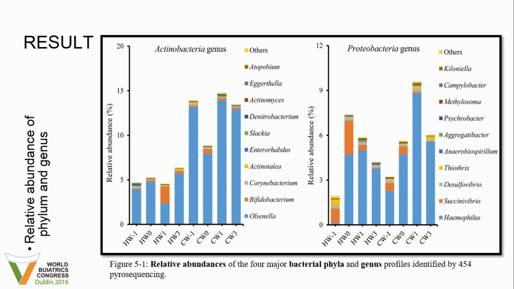Lactobacillus, which belongs to Firmicutes, is the most abundant lactate-producing genus in the hay group, like Olsenella genus in the corn group. Proteobacteria was mostly occupied by Haemophilus and Succinivibrio.